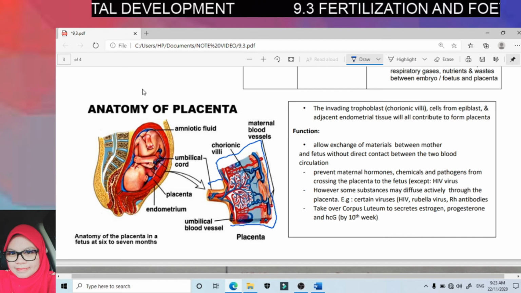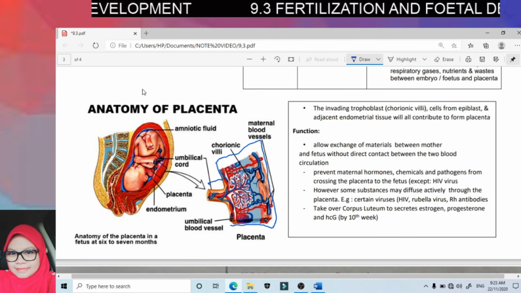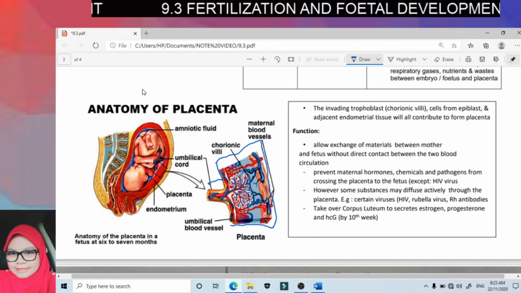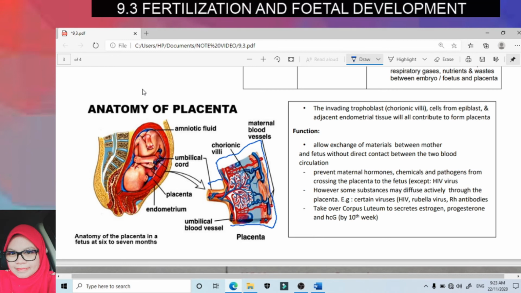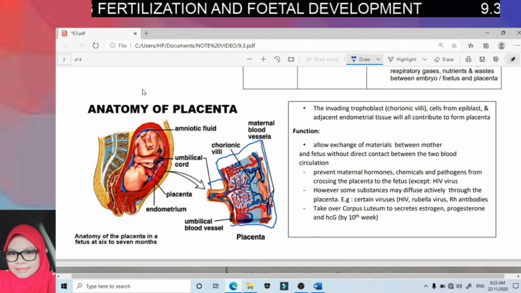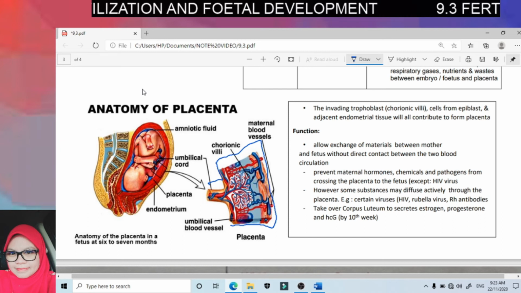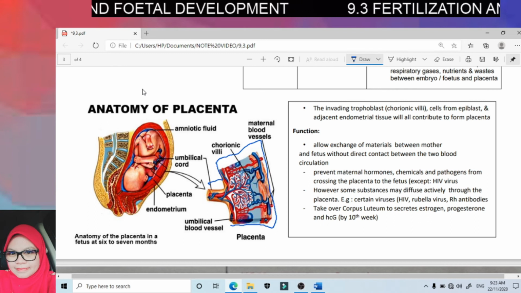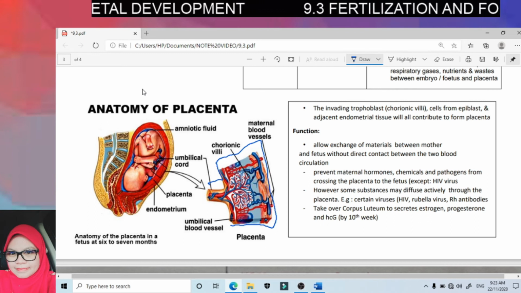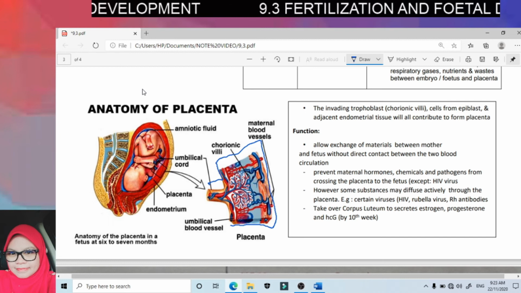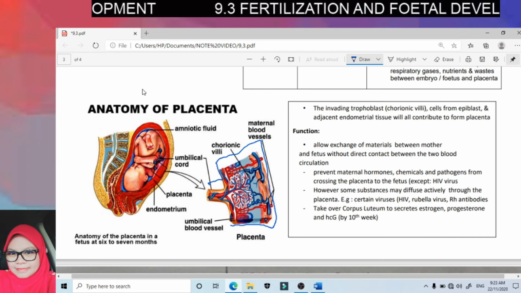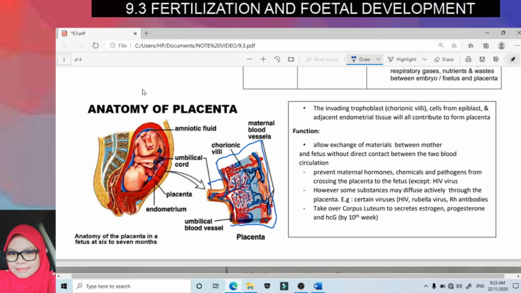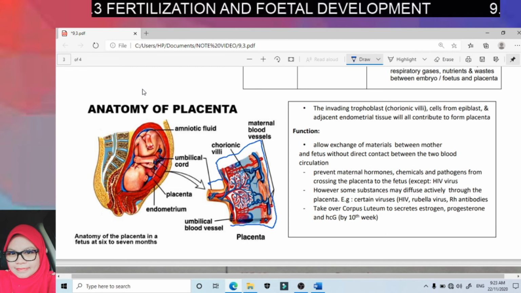Okay, and then this placenta will take over from the corpus luteum to secrete estrogen and progesterone, and to secrete HCG. Estrogen, progesterone and HCG by week 10. Maksudnya tadi kan kita dah cakap pada awalnya the trophoblast will secrete HCG to sustain the corpus luteum to continue secreting estrogen and progesterone until the placenta is fully developed.